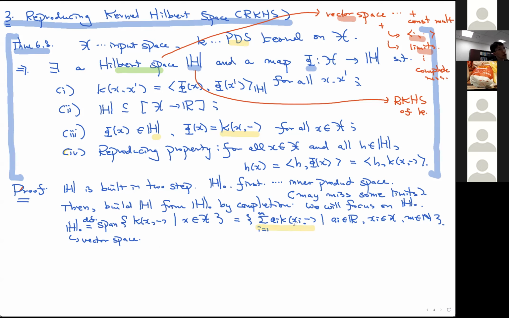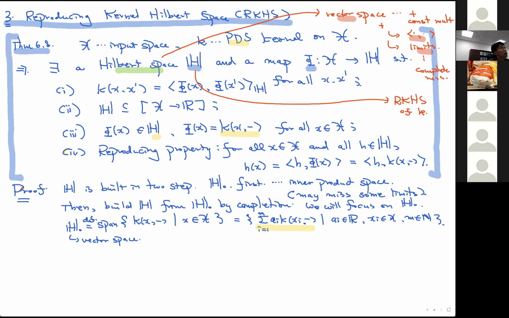So H0 is closed under the sum of two functions of this form. And for constant multiplication, we just need to multiply each a_i by this constant. So this is also closed with respect to constant multiplication. So it's a vector space.